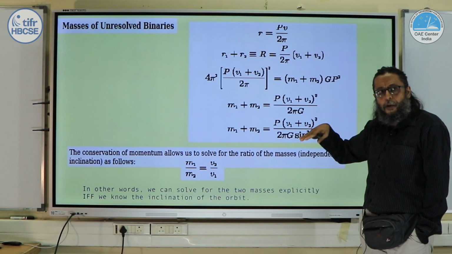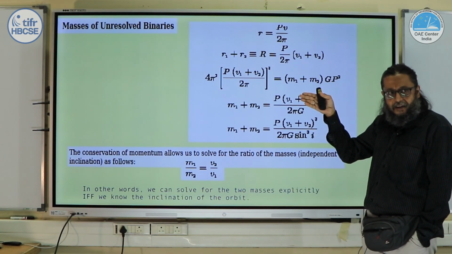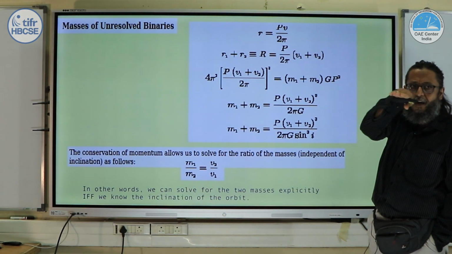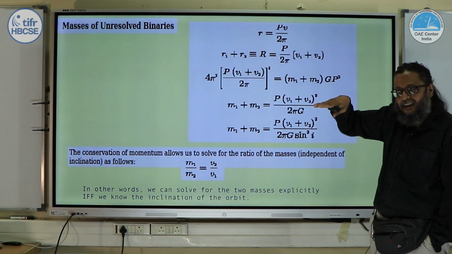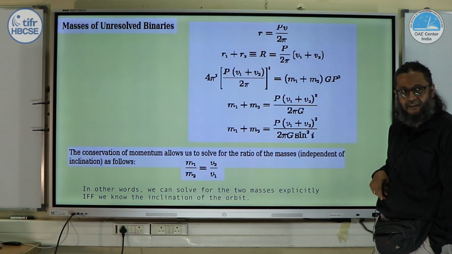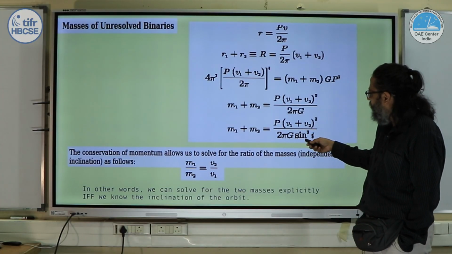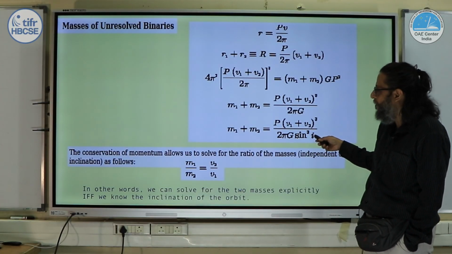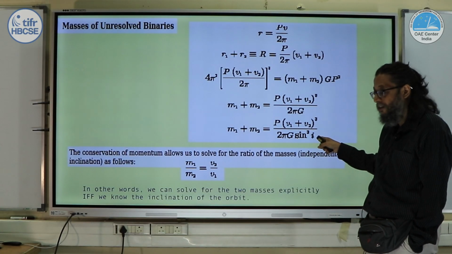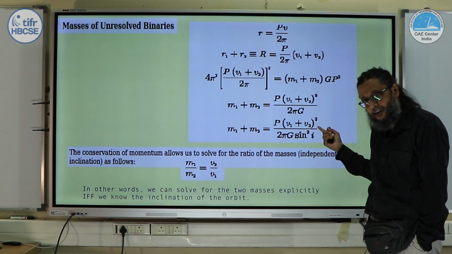When your binary plane is not face-on to your line of sight, and is inclined at an angle i, which we will cover later, then this relation has to have this component of sine cube i. This is very important when we talk about the angle of inclination.